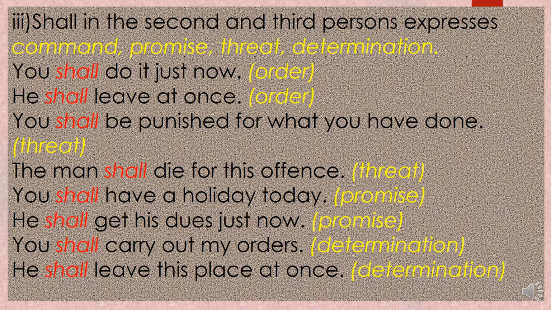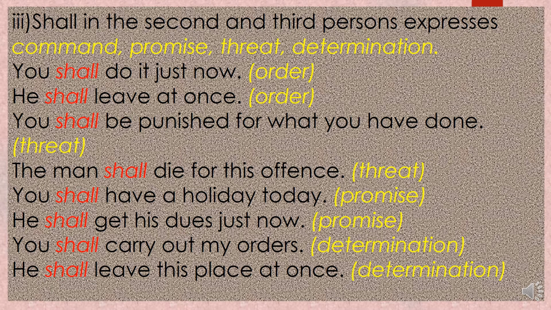Here you have used shall with you. And where you will use shall for first person, when you want to predict some strong future. So these all are there. You shall do it just now, it is an order.